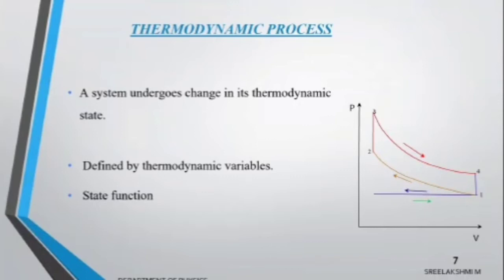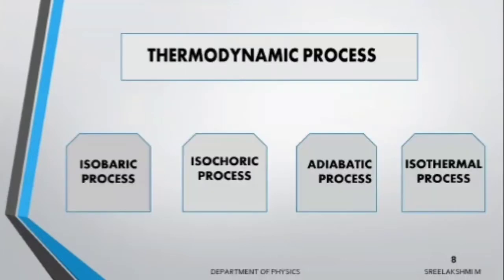A state of thermodynamic equilibrium endures unchangingly unless it is interrupted by a thermodynamic operation that initiates a thermodynamic process. So, today we will be dealing with four major processes and their applications: isobaric process, adiabatic process, isochoric process, and isothermal process.